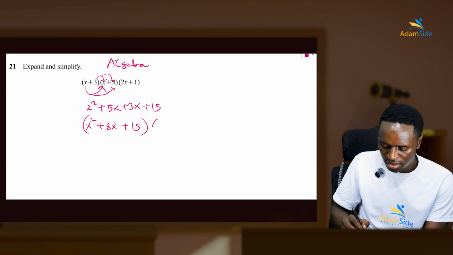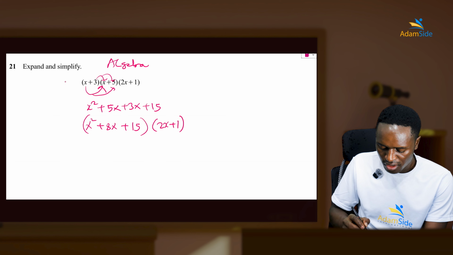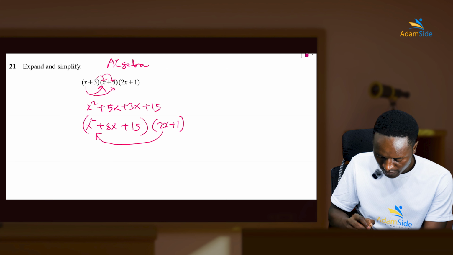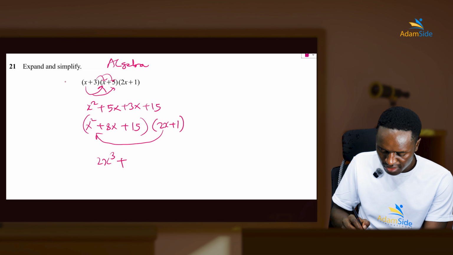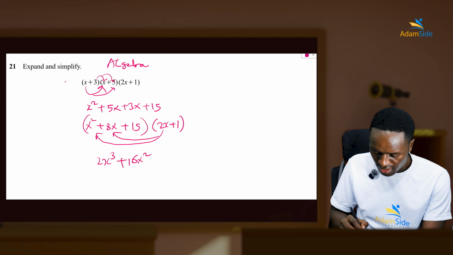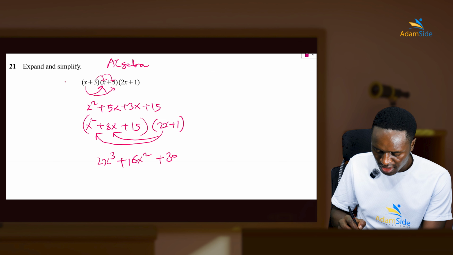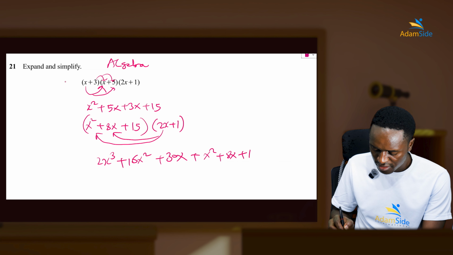And then 2x plus 1. Multiply this by this. 2x times x squared, you get 2x cubed. 2x times 8x, you get 16x squared. Then plus 30x. Then plus x squared plus 8x plus 15.